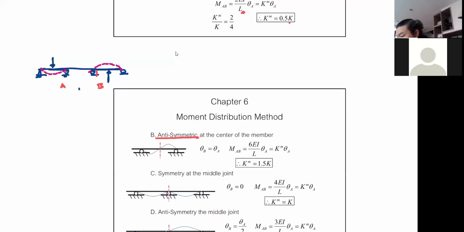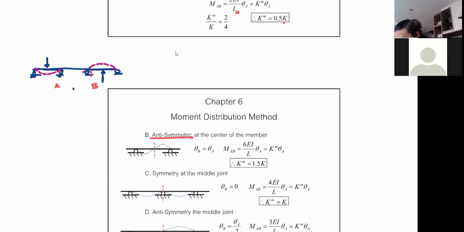And if it's going to be anti-symmetry, it means that your line of symmetry is in the middle again, right? So that means, incidentally, this will have to be equal and opposite, then they meet in the middle.